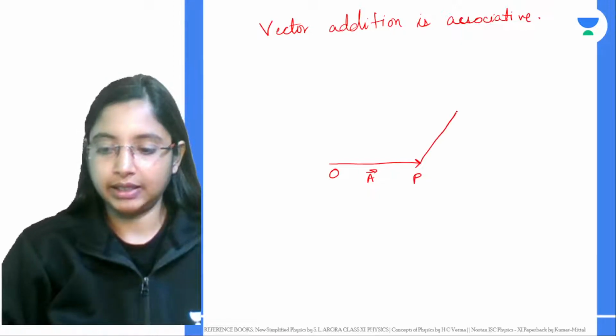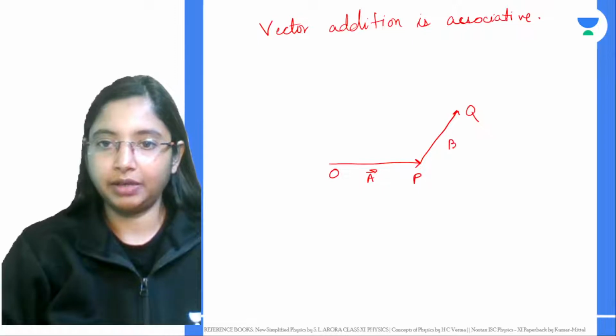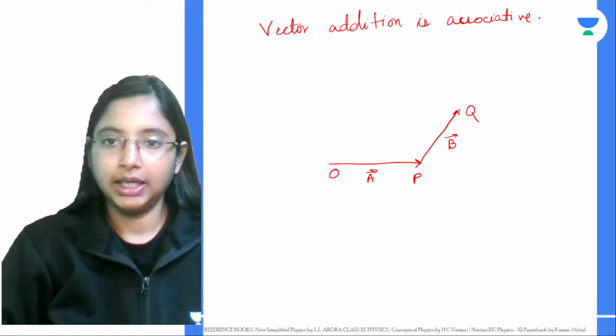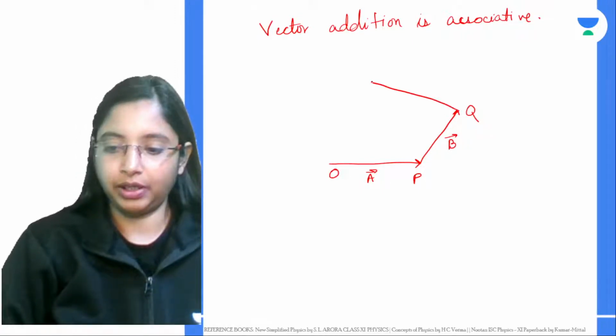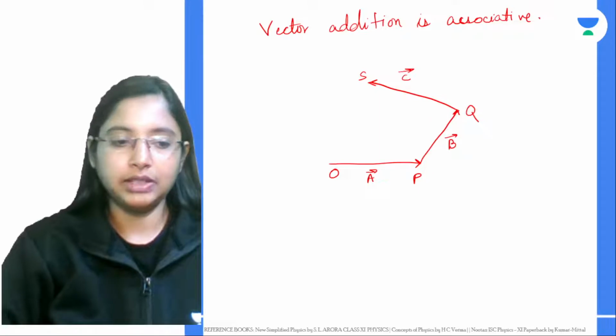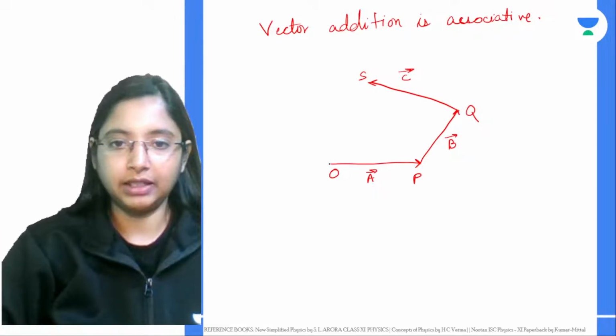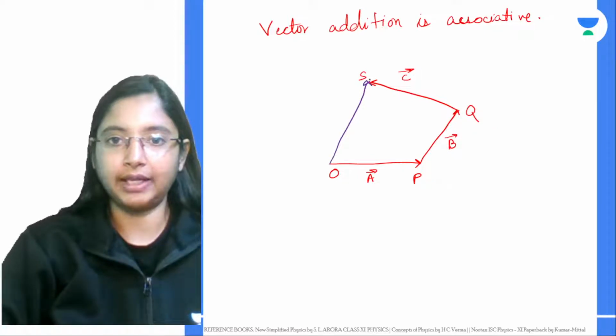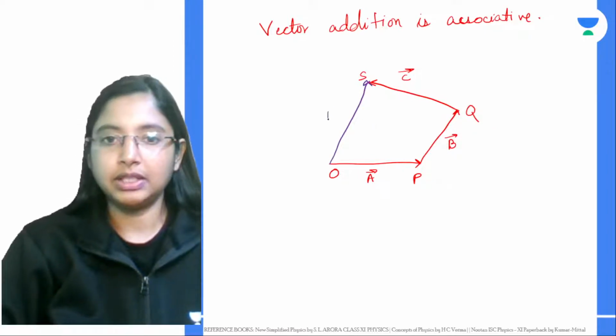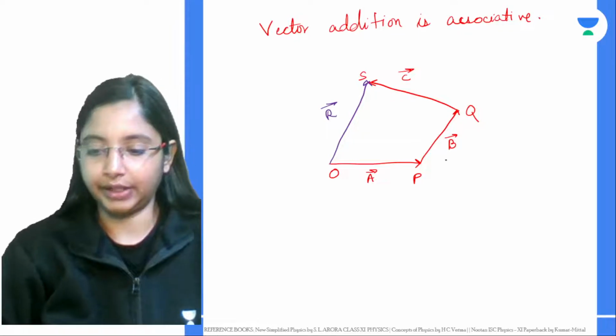Let's say there is another side, PQ of the polygon, and on that side we keep B vector. Let's say there is another side of the polygon, QS, and this is C vector. Now adding all these three vectors, we get a final vector from the initial point ending at the final point over here. So this is basically your resultant R vector.